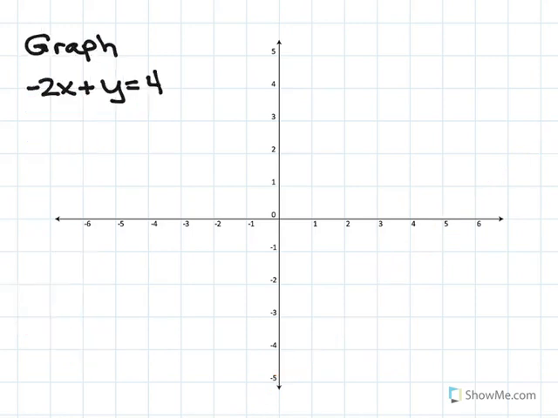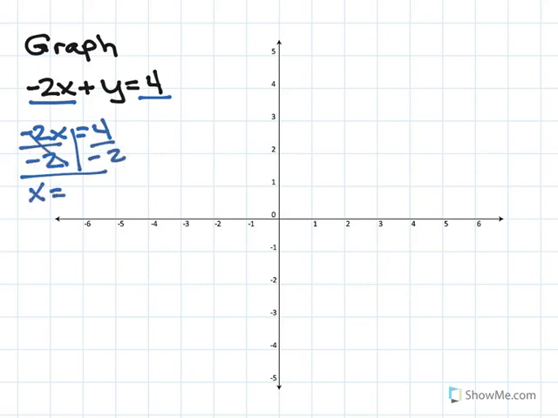Okay, let's try one more. So I'm going to start off with the x-intercept, that's going to be negative 2x equals 4. We're going to divide by negative 2. And then 4 divided by negative 2 is negative 2. So it's (negative 2, 0) for our x-intercept. So that would be right here.